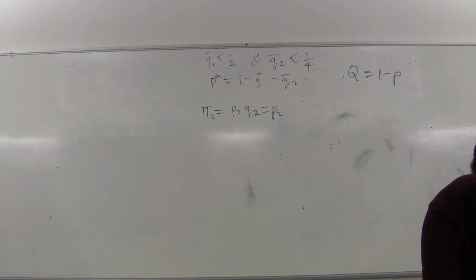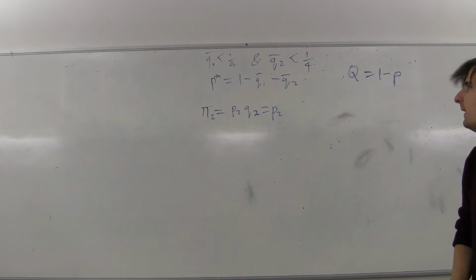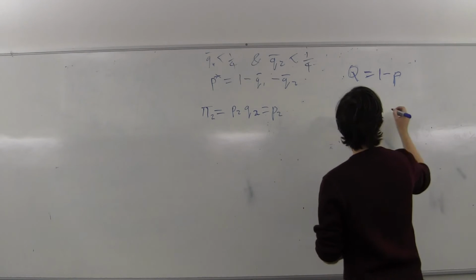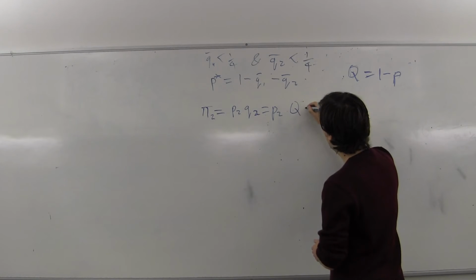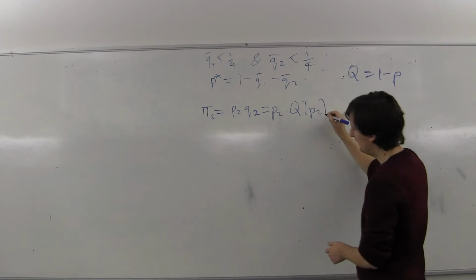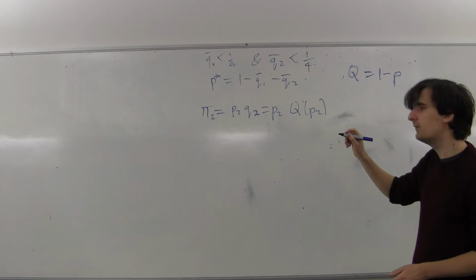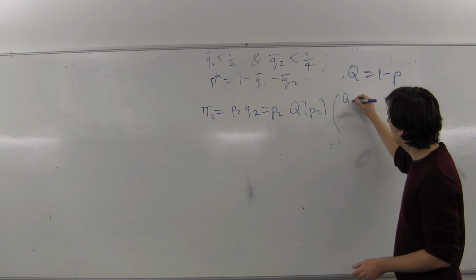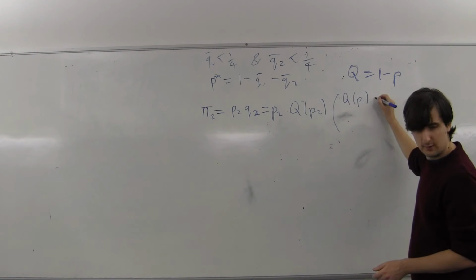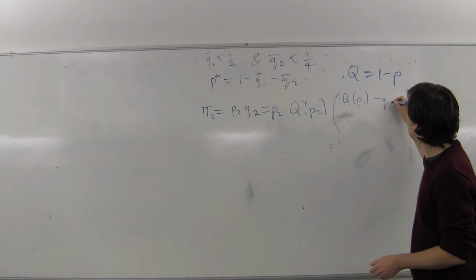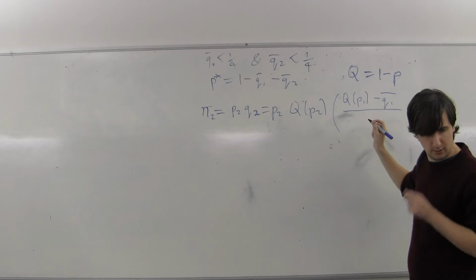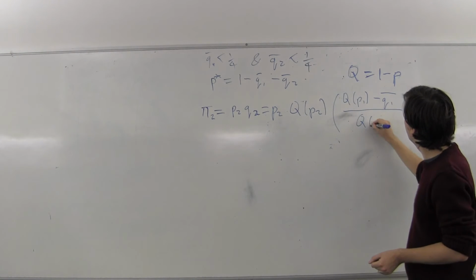With proportional rationing, the residual demand curve was given by Q of P2 times Q of P1 minus Q1 bar, divided by Q of P1.